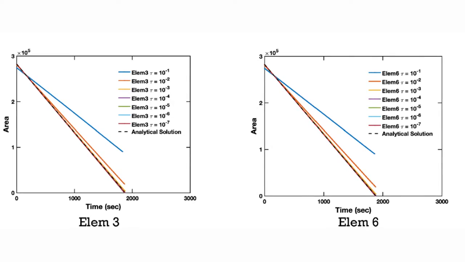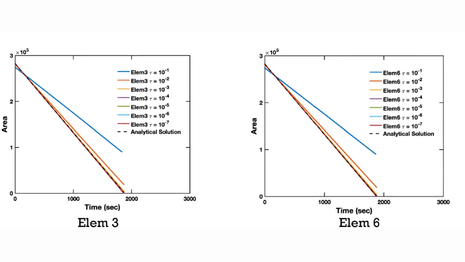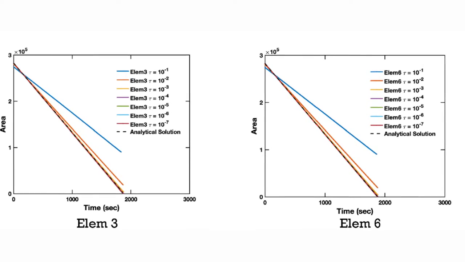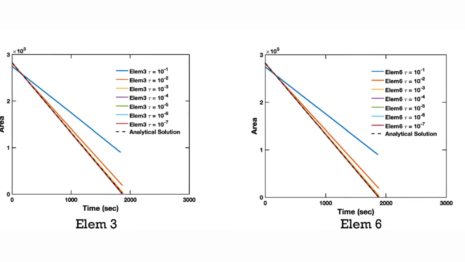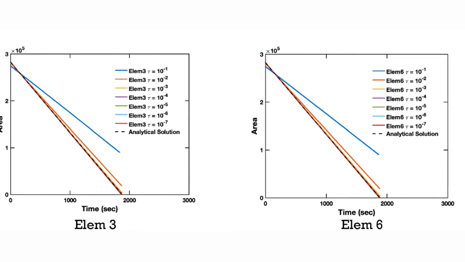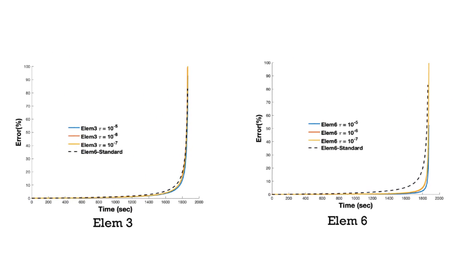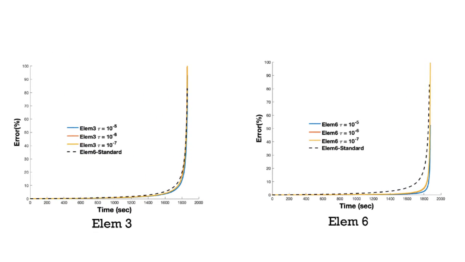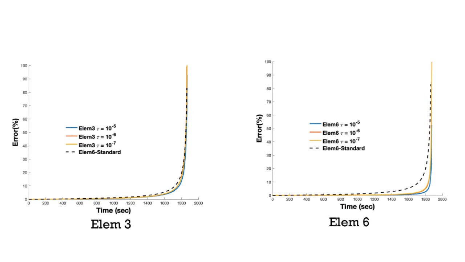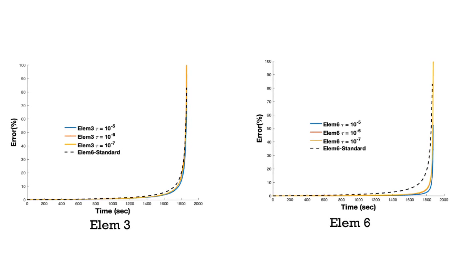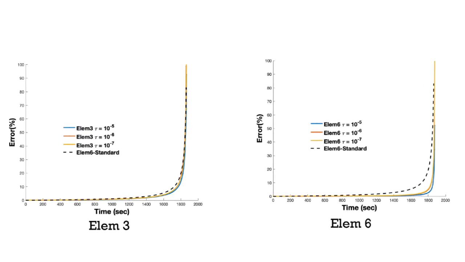So this led us to using element 3 and 6 with the tolerance study. The results of changing the tolerance were similar between the two elements. Through this research, we found if someone was to change the tolerance level, then 5, 6, and 7 were better than 1 through 4 tolerance level.